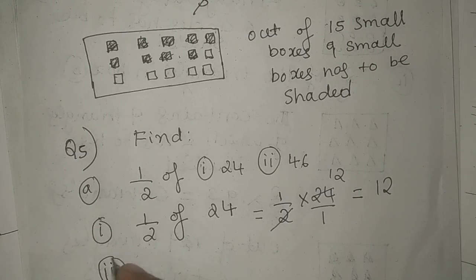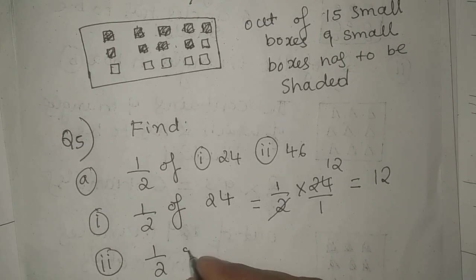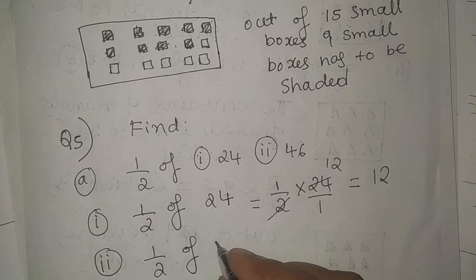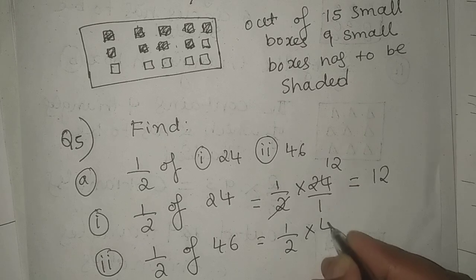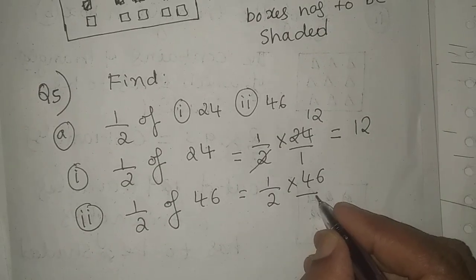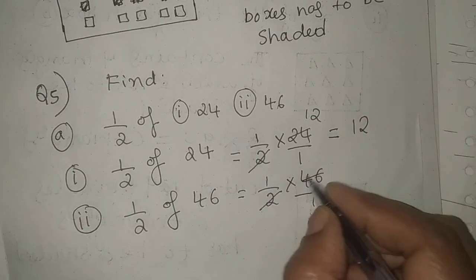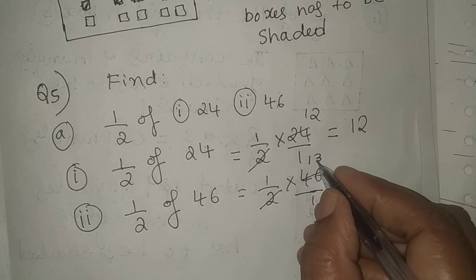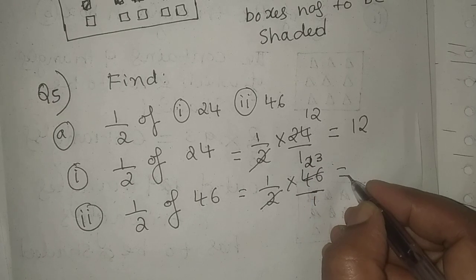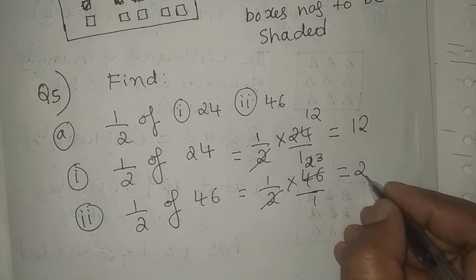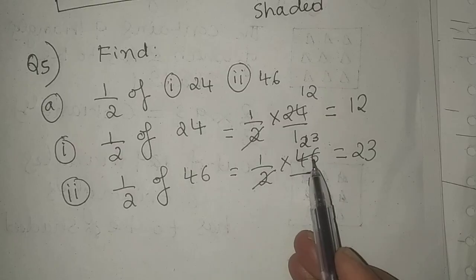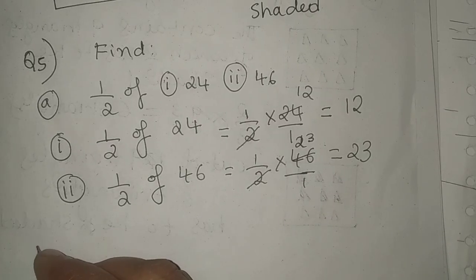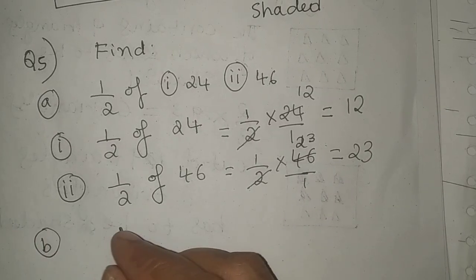Similarly, the second one, of 46 they are given. Therefore, of into 46 by 1, 2 ones are 2, 2 twos are 4, 2 threes are 6, 23 into 2 will be 23. Of 24 is 12, of 46 is 23. So B is, what is B?